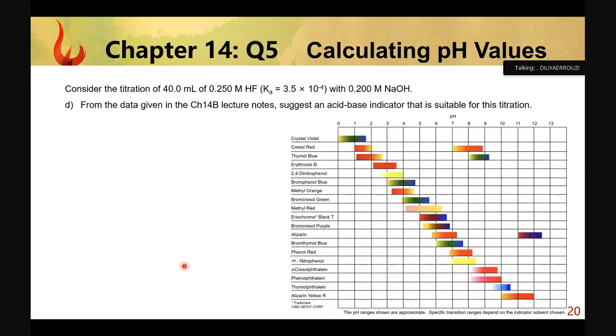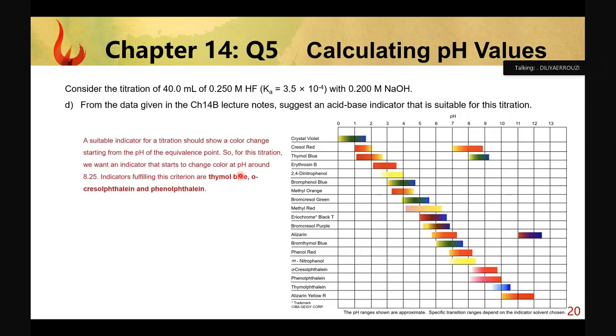And then based on this graph, suggest which indicator is suitable for this titration. How to decide the indicator? We need to decide it by the equivalence point. When we reach the equivalence point, it is 8.25. So just around here.